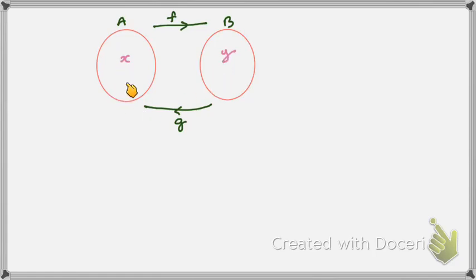G of y is equal to x, and then g must be the inverse of f. But in all situations it won't be the inverse, because we said the function has to be both 1, 1 and onto, but we are going to test it in another way.